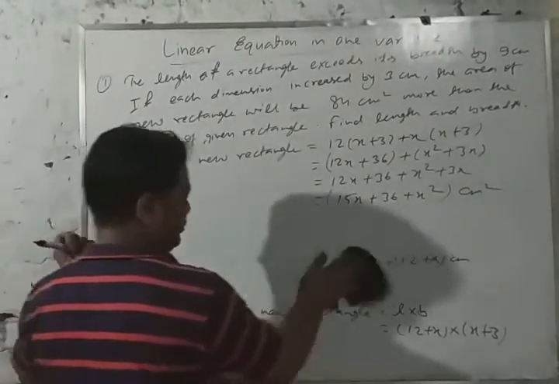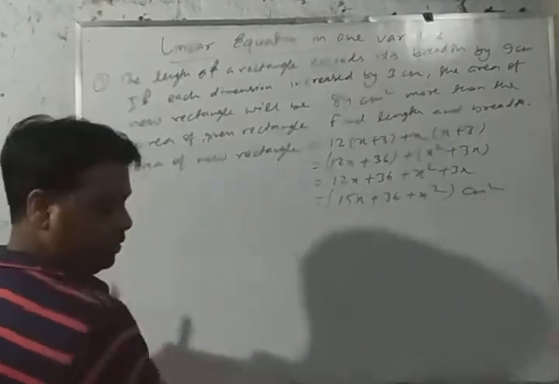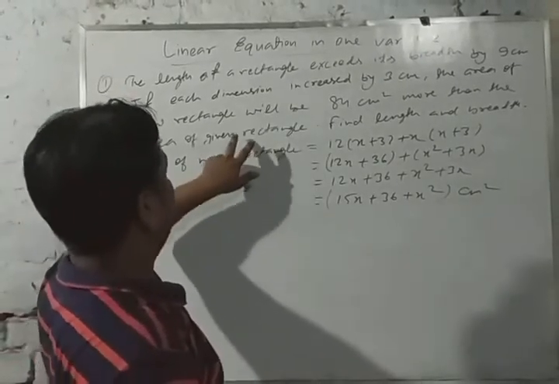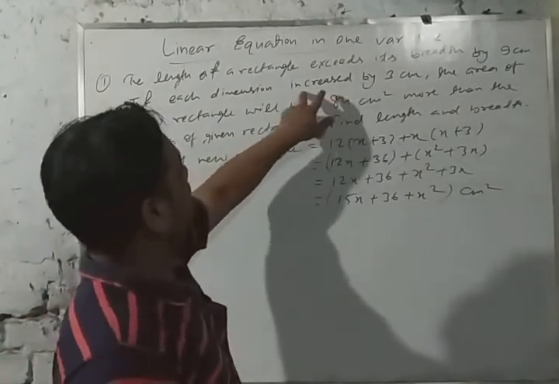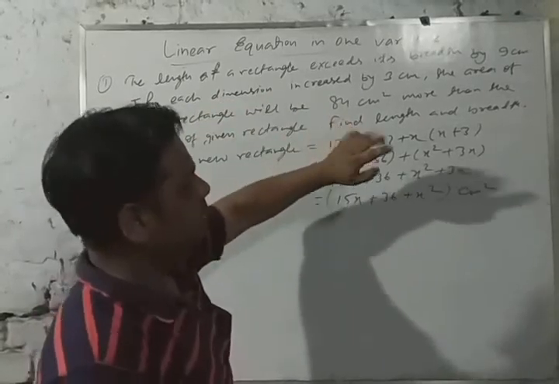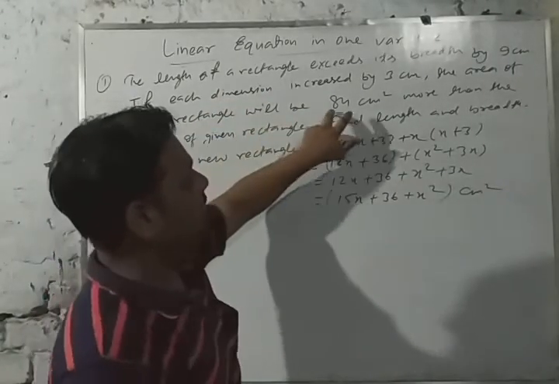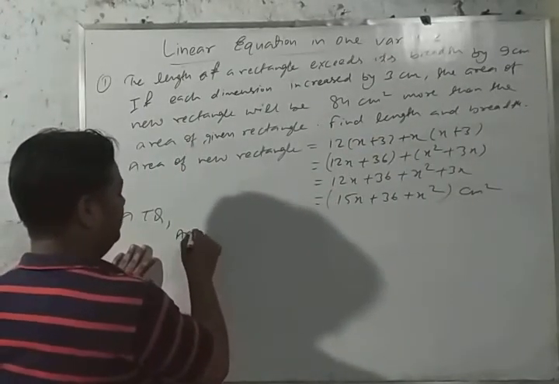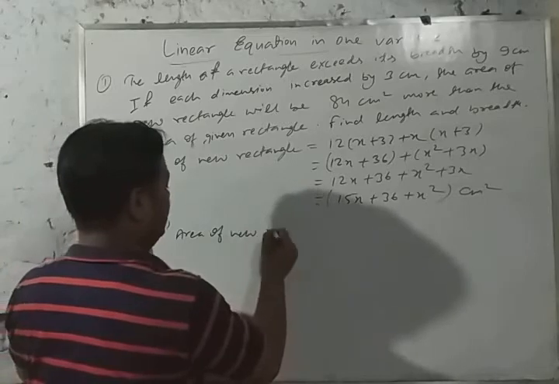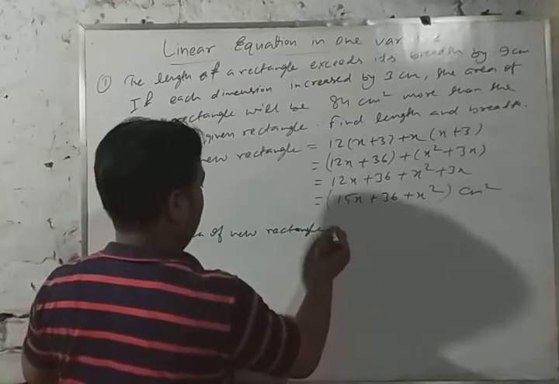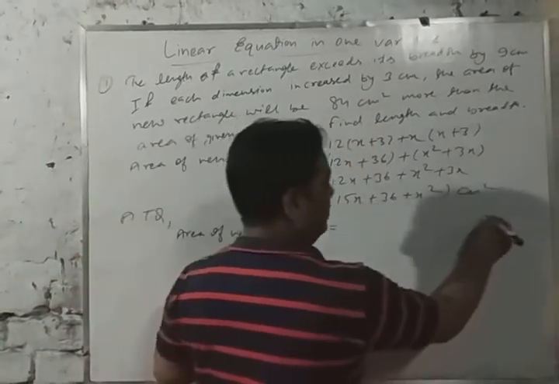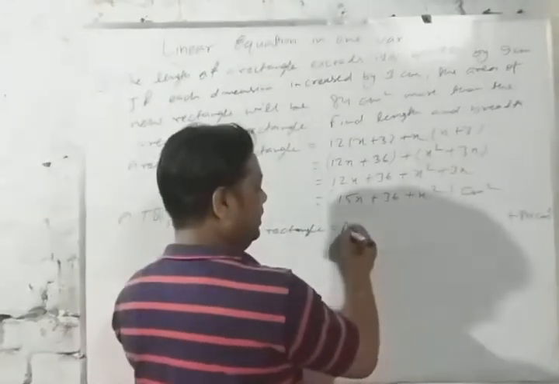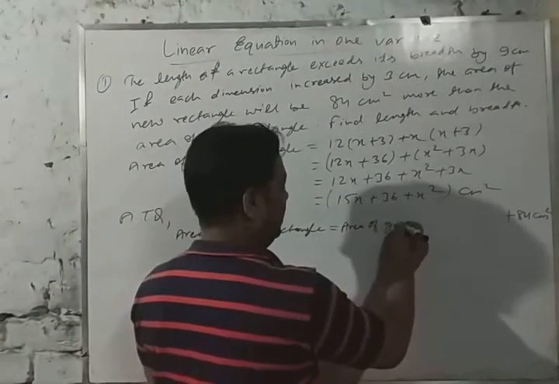Now according to the question, it is given that if the dimensions increase, then the area of the new rectangle will be 84 centimeter square more than the area of the given rectangle.